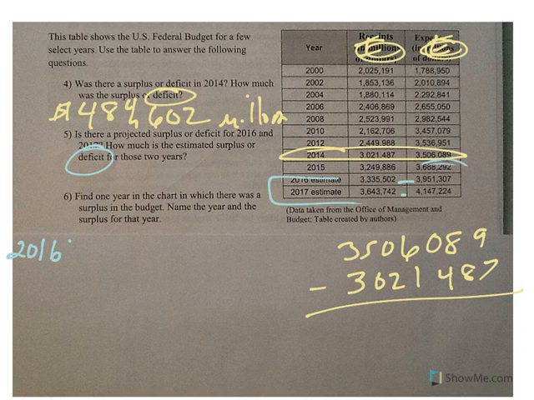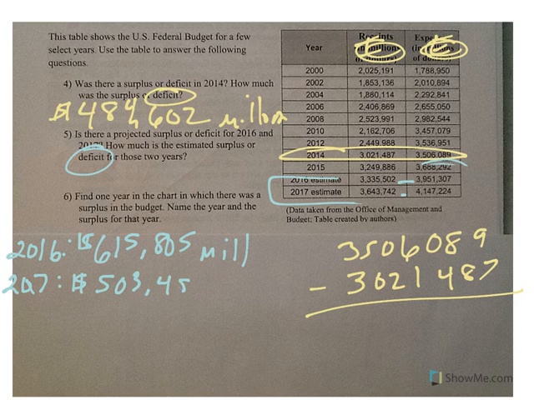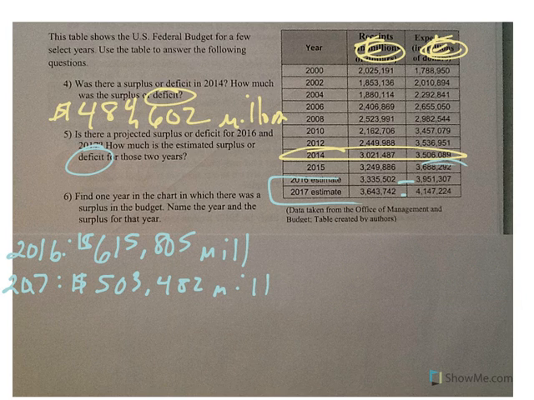So in 2016, we have a deficit of $615,805 million. And in 2017, we expect a deficit of $503,482 million. And those are big expected deficits for those years.